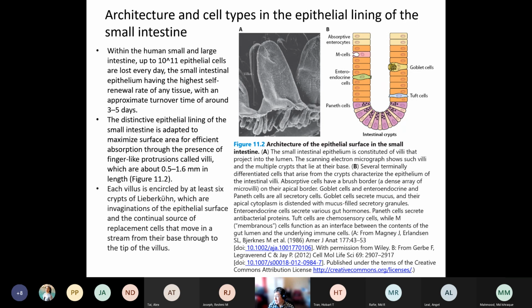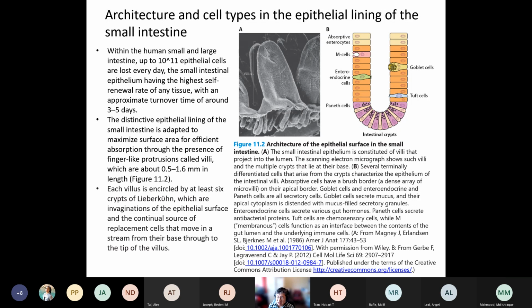One of the reasons why this is so well studied, so well characterized, is because, like the hematopoietic system, you have a lot of cell renewal here. So we put it to numbers. There are about 10 to the power of 11 cells lost every day. This rate is very comparable to the cells in circulation.